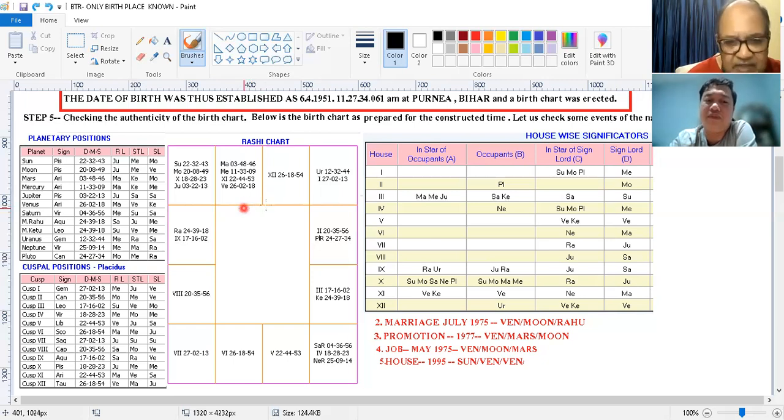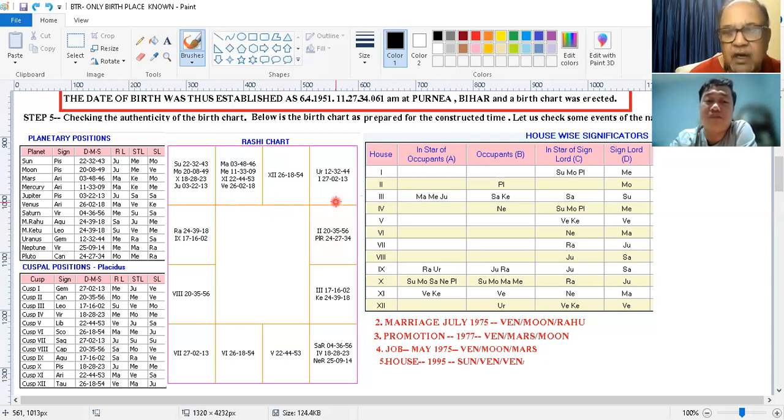Then Sun's nakshatra would spill over into Taurus. Since it has this span of Krittika nakshatra, Sun's nakshatra in Aries was only 3 degrees 20 minutes. So the balance of 10 degrees will have to be covered in Taurus.